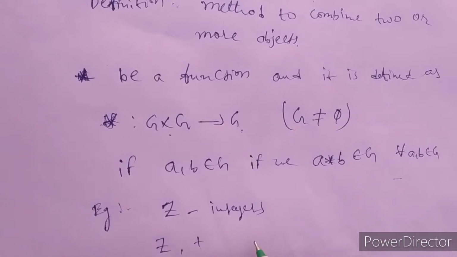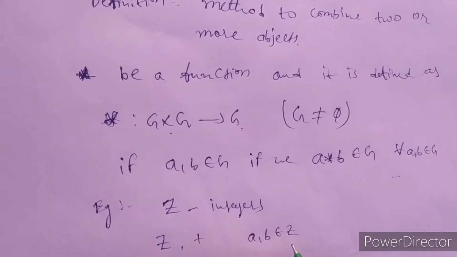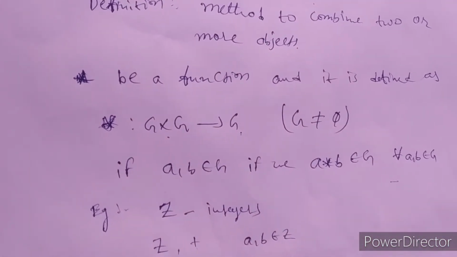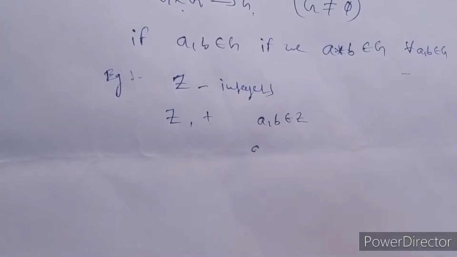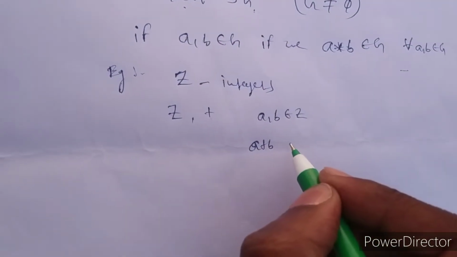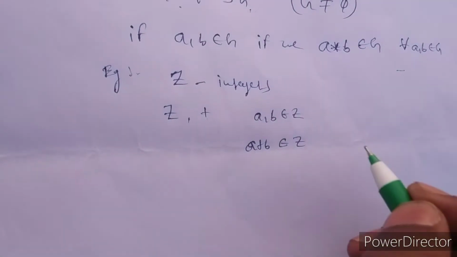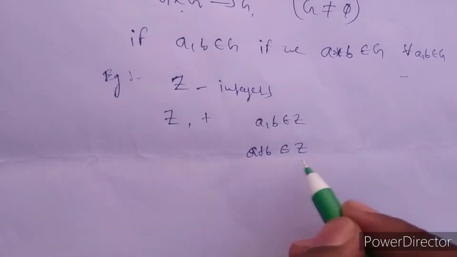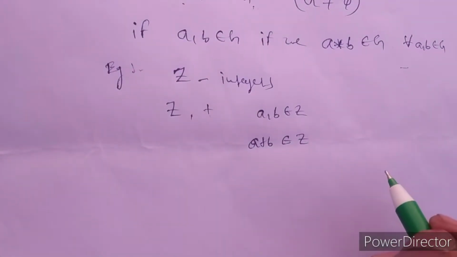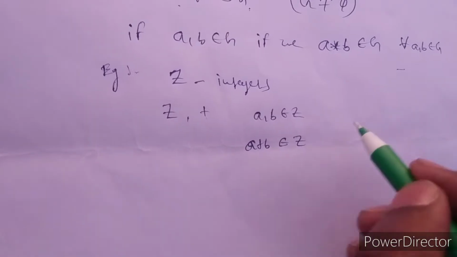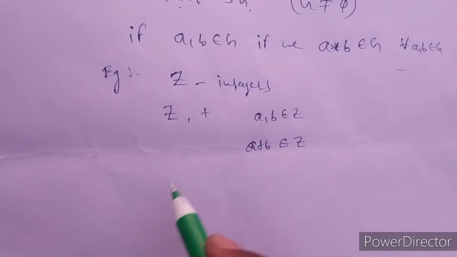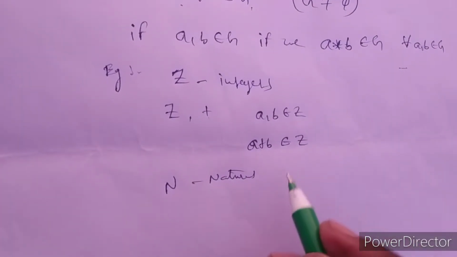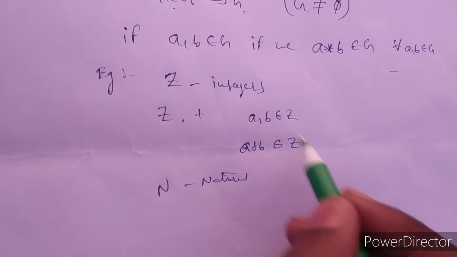Suppose a, b belongs to Z. Now if we do a plus b, and it belongs to Z, then this is called a group. So this we have done now, binary operation.